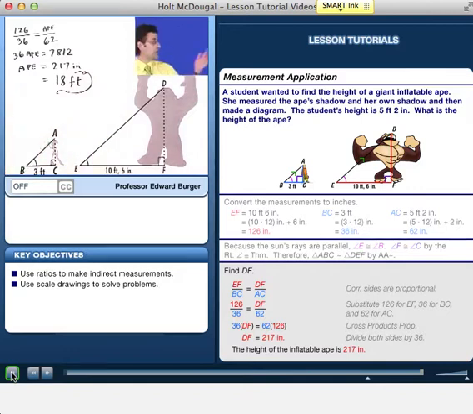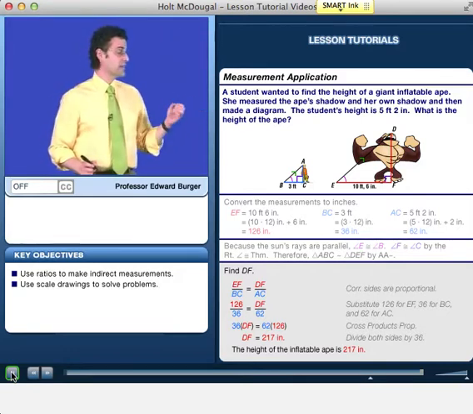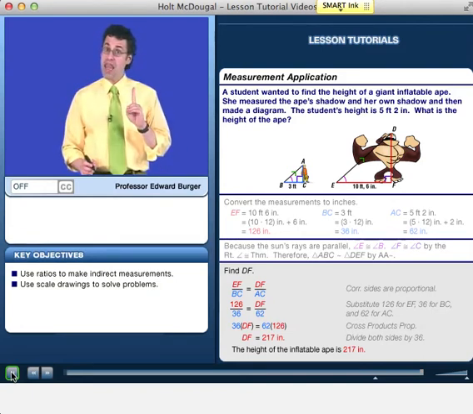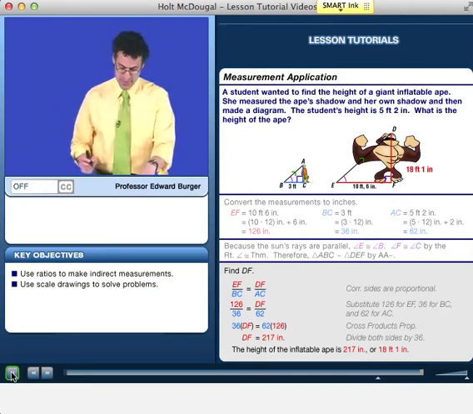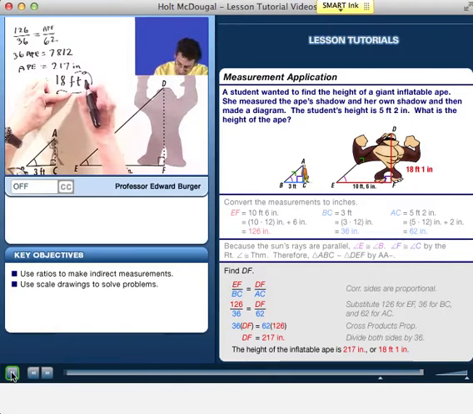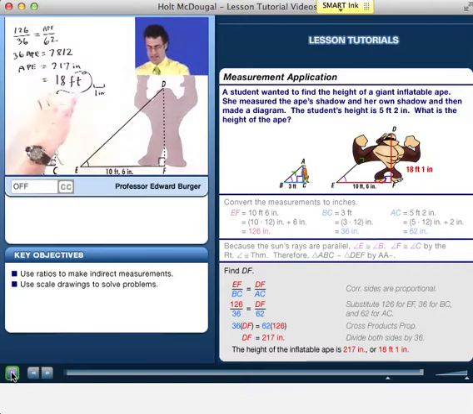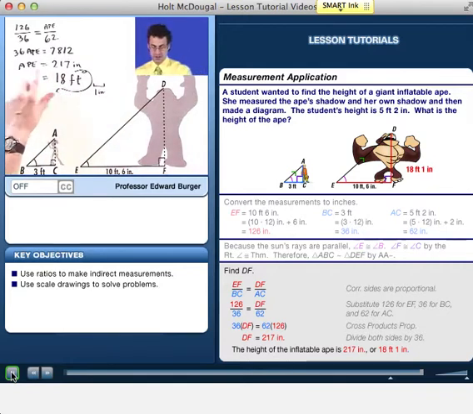So the answer to this question is actually 18 feet and 1 inch, because of the remainder, of course. So 1 little inch right there. 18 feet and 1 inch is exactly what 217 inches means.